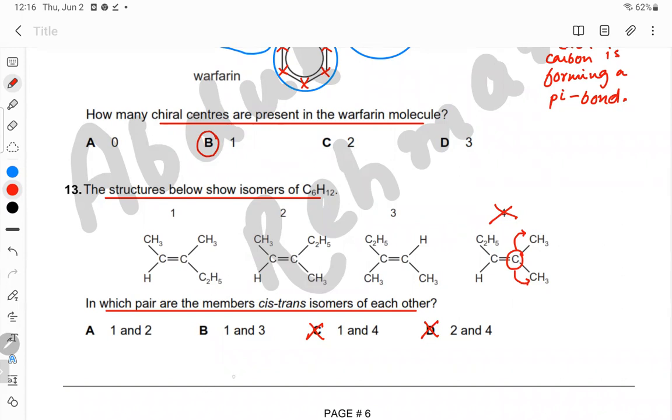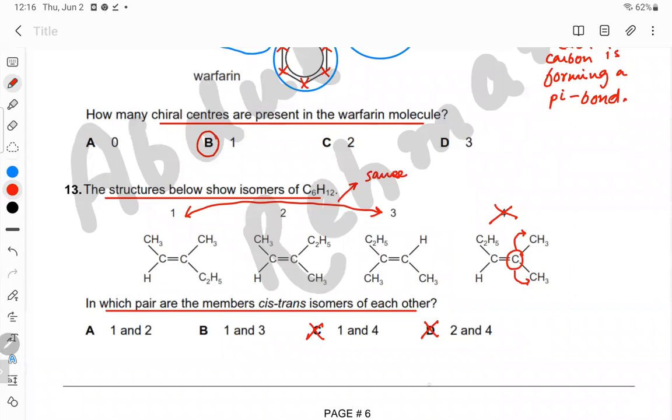Hamna, yours is correct. Sorry. Now your second option is correct. If you look at 1 and 3, what we conclude is that they are actually the same structures.